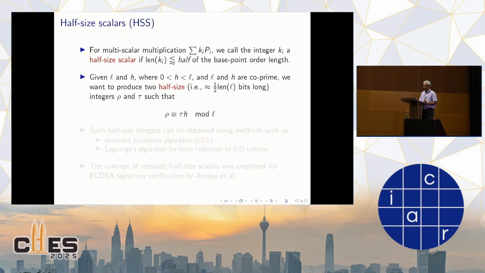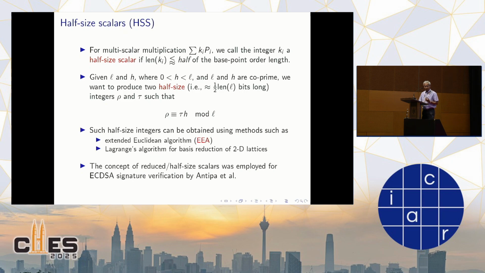There are ways to do it, and in the literature, to reduce the size of the scalars to something like half of the length of the base point order, you can use the extended Euclidean algorithm, which is very well known.